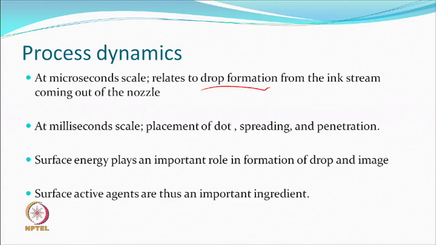So, whenever you add a surface active agent, in the case of dispersed dye or pigment it is there to disperse, but in the case of water soluble dyes, they would be acting to change the surface tension of the liquid, which will have wetting issues, good or bad, but they will definitely change that.